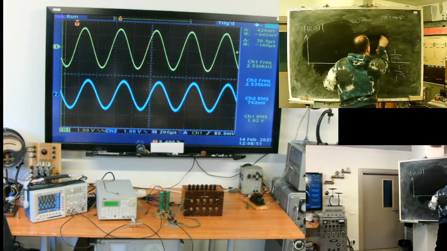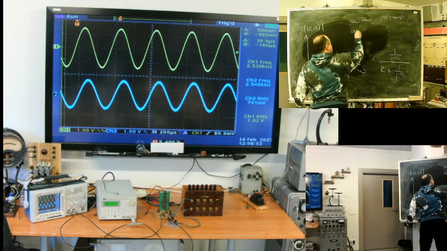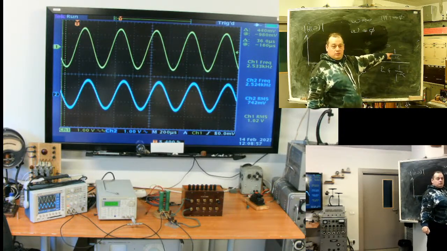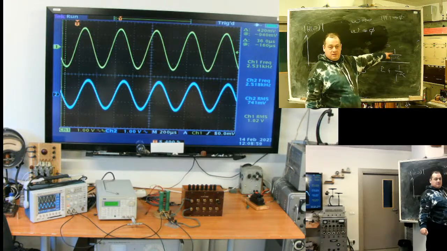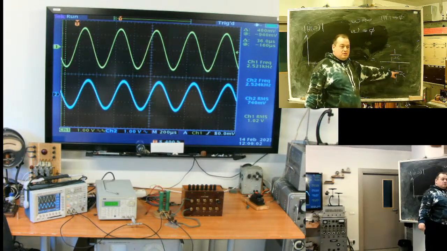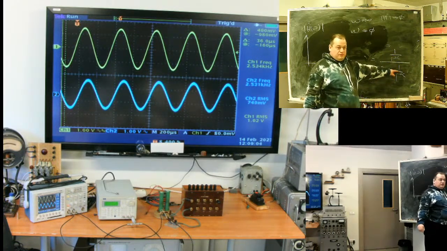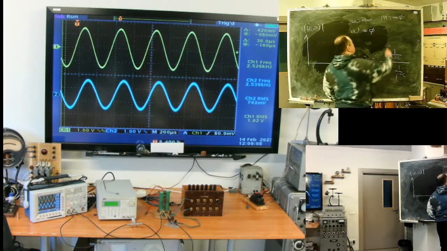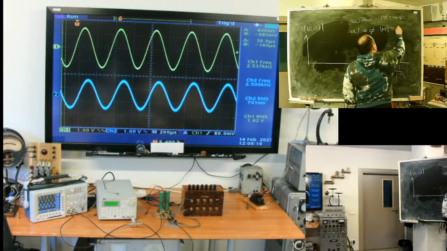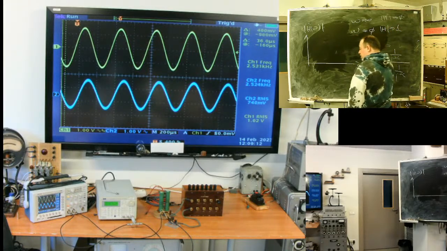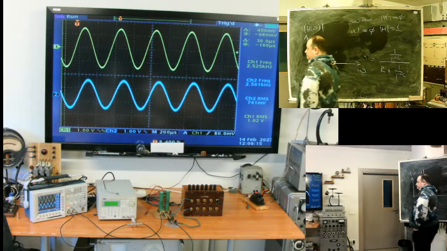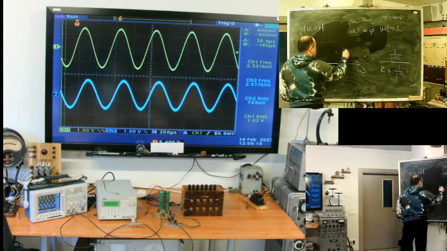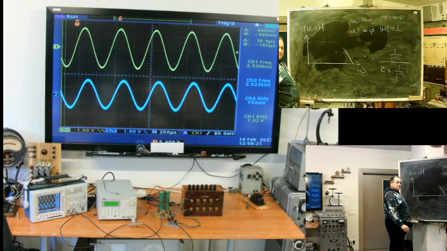Okay, if frequency goes to 0, this one goes to infinity, yes? And this element also to infinity. Division of them will yield us 1. Let's check. Should be something like this. Yeah?